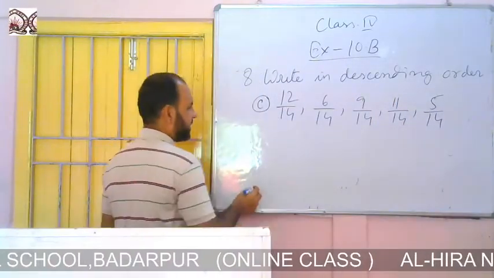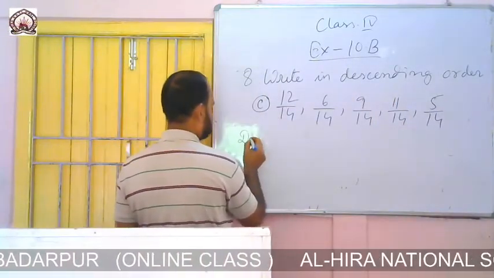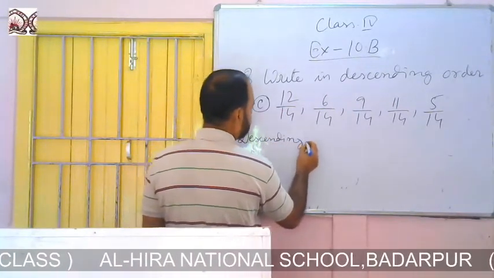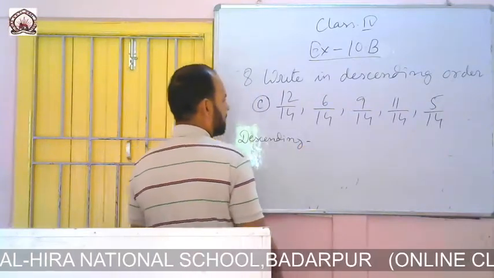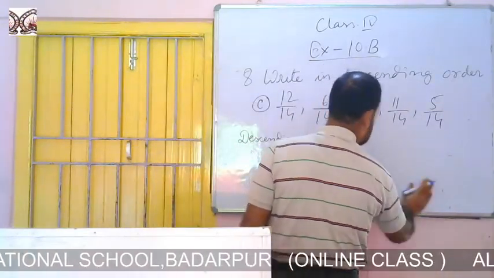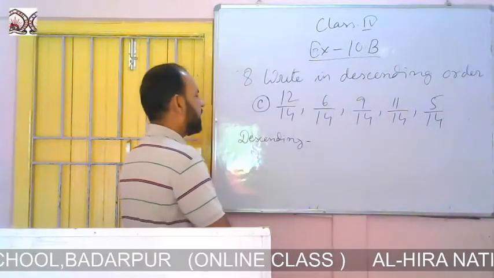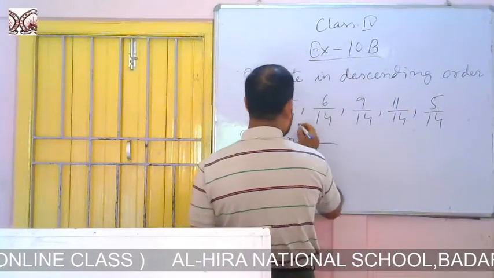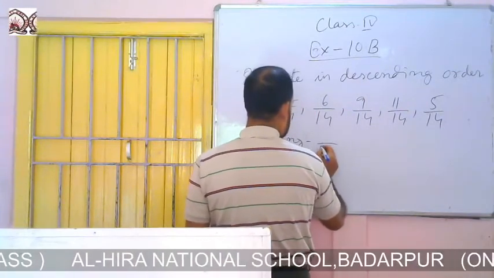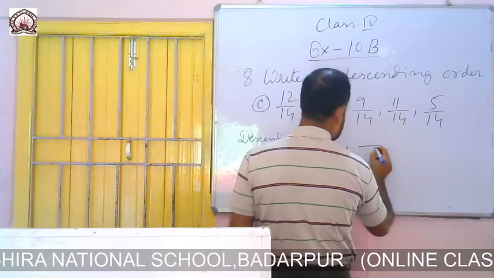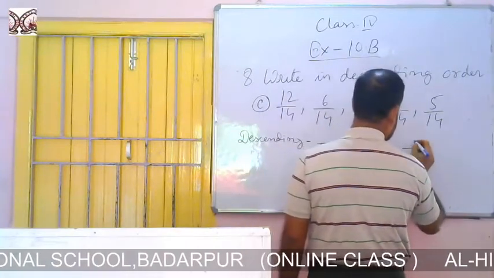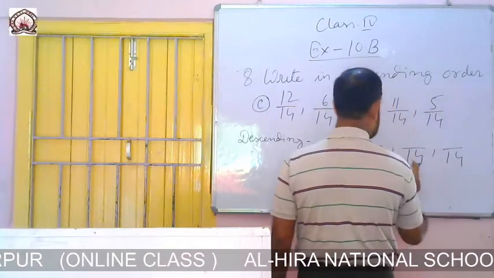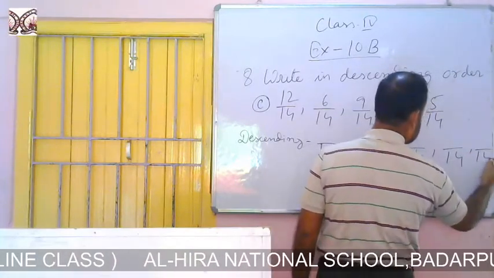So we write in descending order. We know if denominators are same, the one with the greatest numerator is the greatest. So first we write 14, 14, 14, 14, 14.